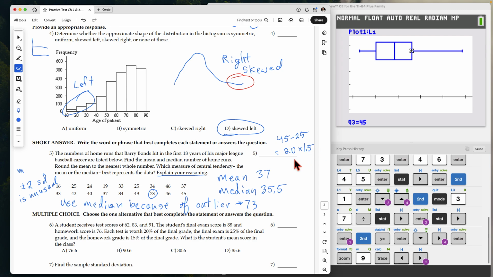That's going to be 30, right? It's 20 plus half of 20, so that's going to be 30. And so the higher Q, this is Q3, and this is Q1. We subtracted them. You take Q3 plus 30, you get 75 is what an outlier would be.